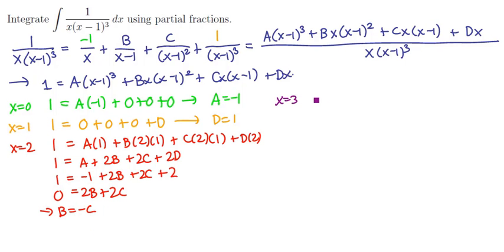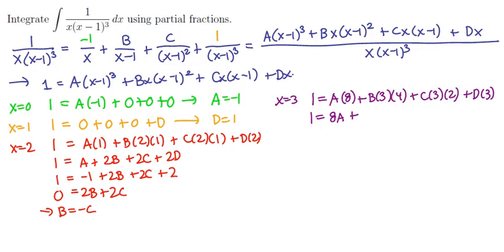One more x value. If we try x equals 3, we're going to have 1 is equal to a times 2 cubed plus b times 3 times 2 squared plus c times 3 times 2 plus d times 3. If we clean this up, that's 1 is equal to 8a plus 12b plus 6c plus 3d.